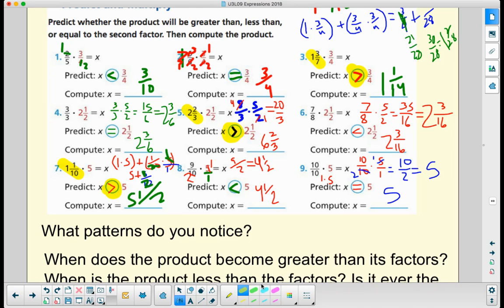When is the product less than the factor? Well, I have less than here, I have less than here, and I have less than here. Let's look at our other factor. My other factor from 3/4 is, let me grab my eraser quick.